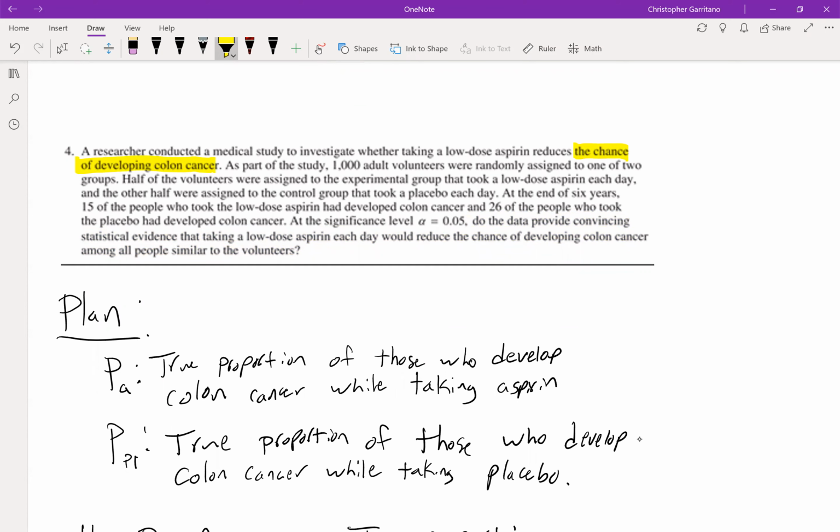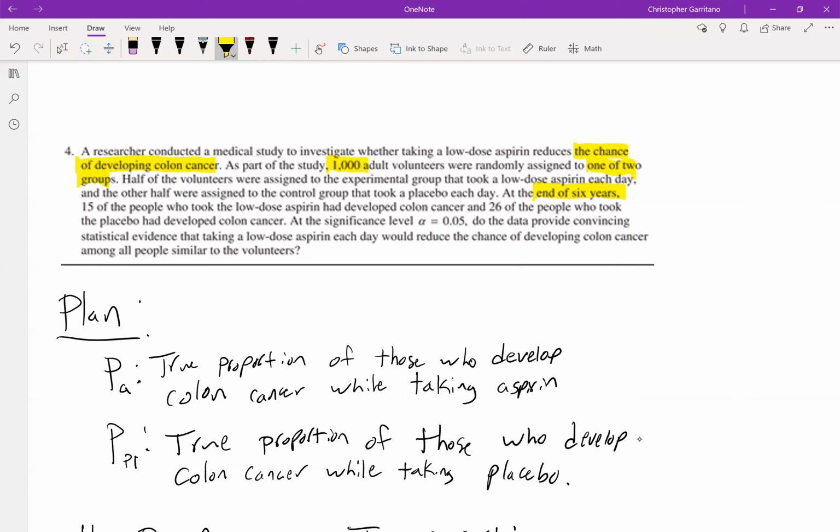So we're analyzing, in this case, the chance of developing colon cancer. And the way we're doing that is we are taking 1,000 volunteers, randomly assigning them into one of two groups. And then by the end of some amount of time, in this case 6 years, we go back and survey those 1,000 people and ask them, did you develop colon cancer? So each individual will either be a yes or a no. In other words, each individual falls into a category.